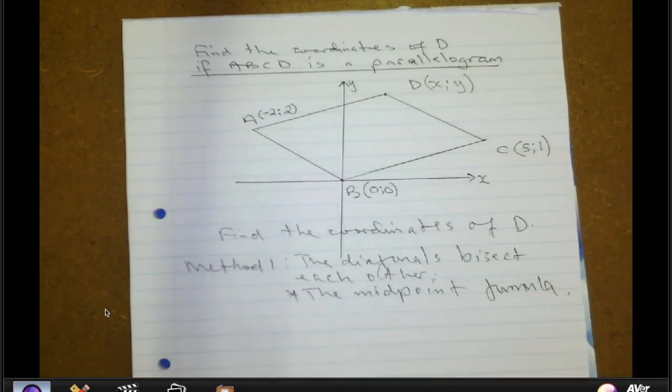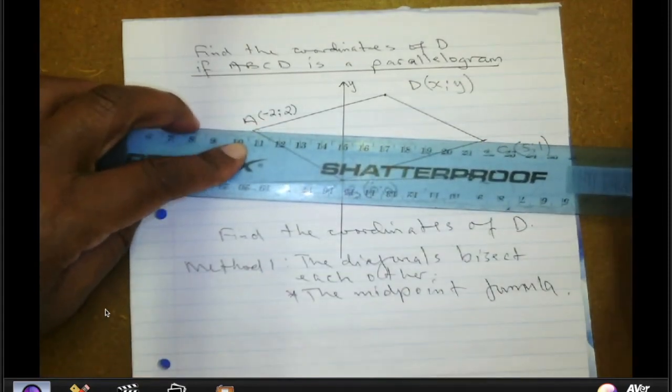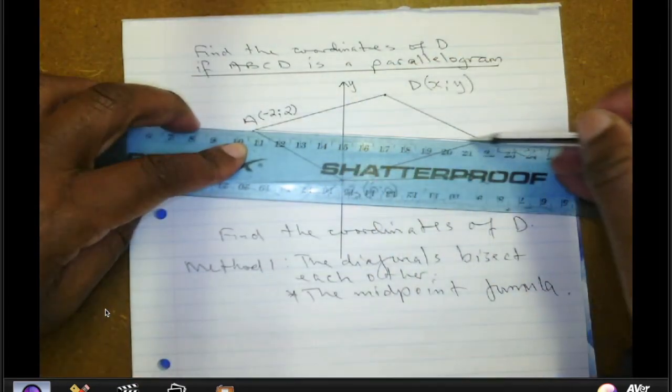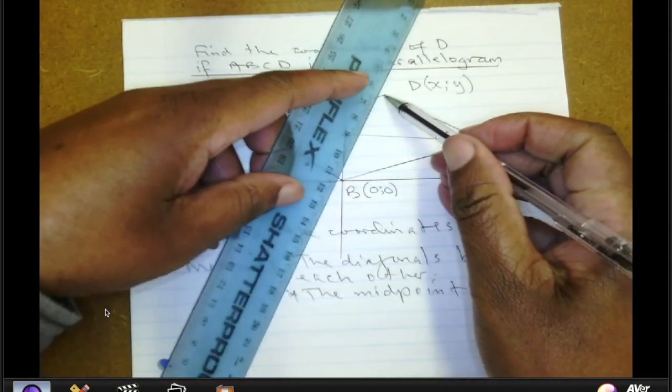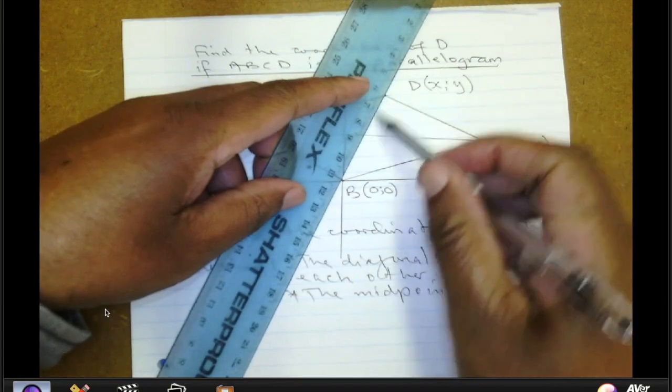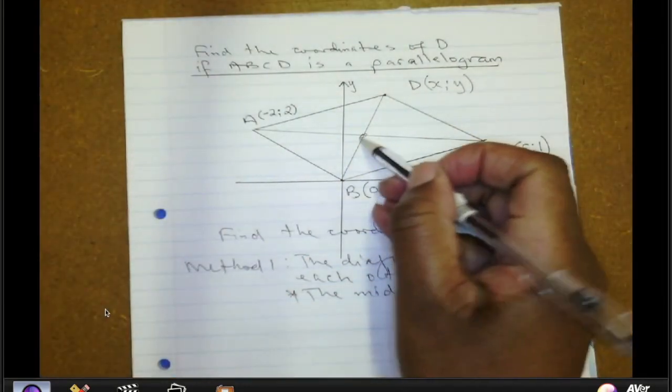So what we are saying is, for this parallelogram here, we can draw the diagonals. So these diagonals meet at that point.